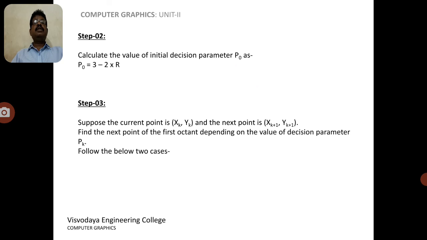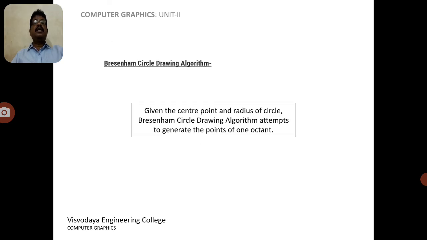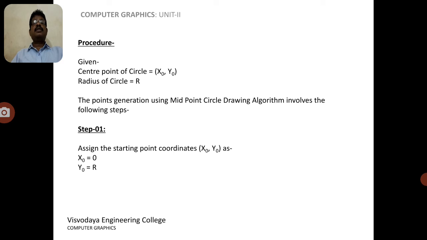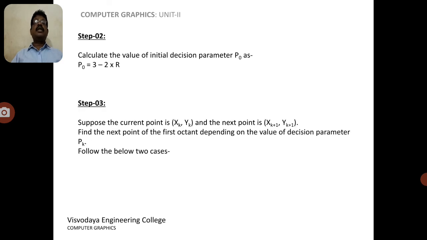Now we calculate the decision parameter value p naught, where p naught equals 3 minus 2 into r. Based on the decision parameter value, Bresenham's algorithm is divided into two cases.